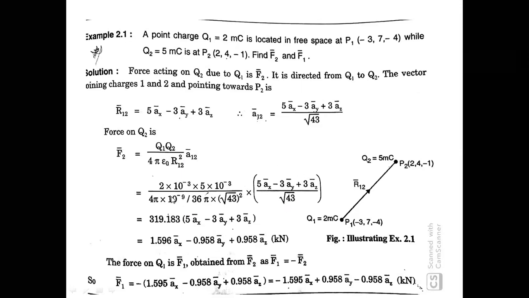Okay. Now we have to multiply this. Just solving all of this, 1 divided by 4 pi and all these numerical values, it becomes 319.183 and this vector remains as it is. Now this 319 into 5 is going to be multiplied, and this is nothing but the force value on charge 2 due to charge 1.